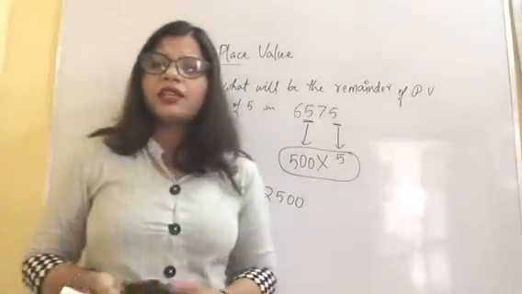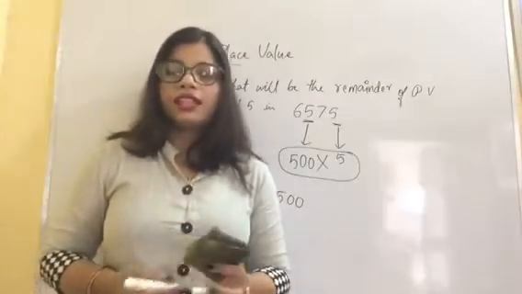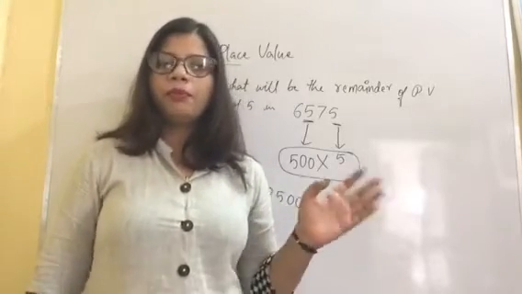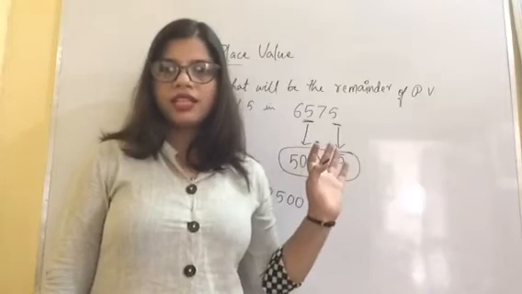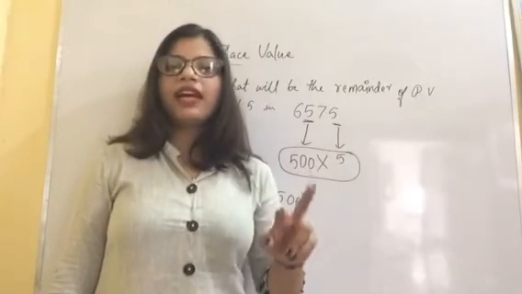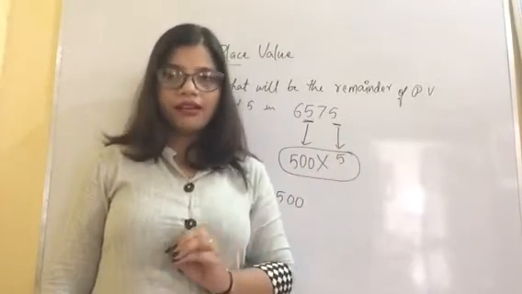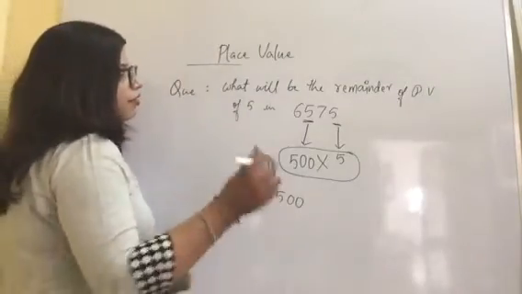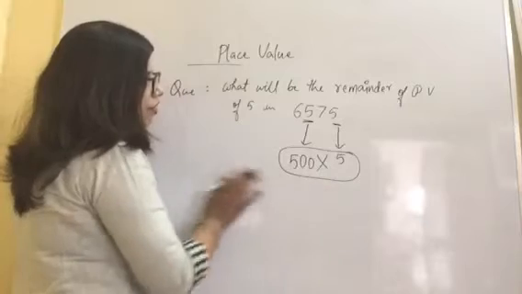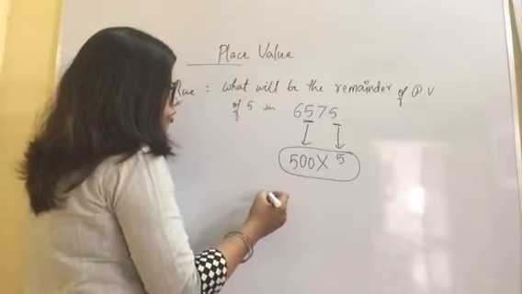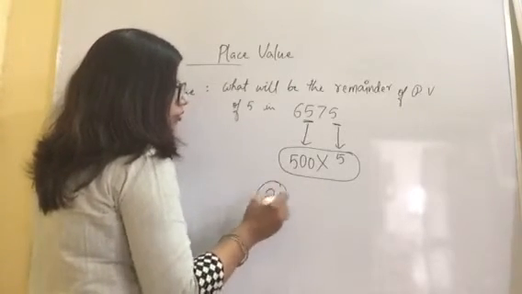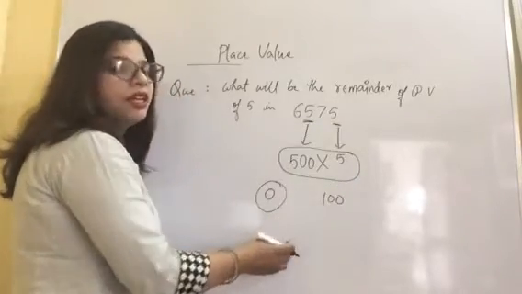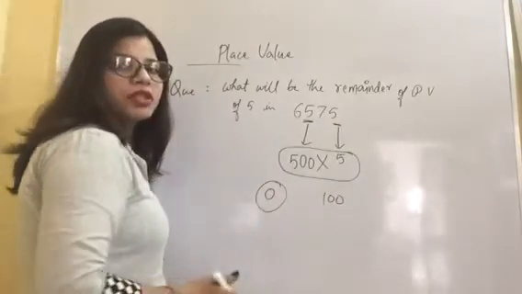These operations might be difficult for you if you haven't read them till now. If you know plus, minus, multiply, divide, it will be easy. Remainder is this: when we divide two numbers, if something is left, it is known as remainder. Over here, if we divide 500 by 5, we get 0 as remainder and 100 as quotient. If they ask quotient, it will be 100, and if they ask remainder, it will be 0.